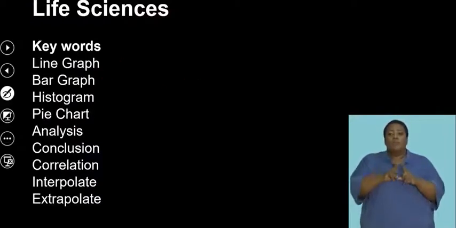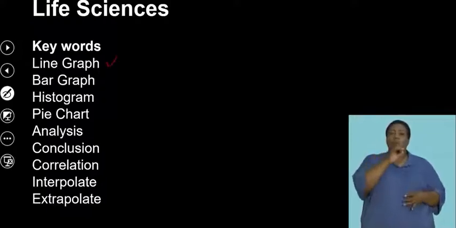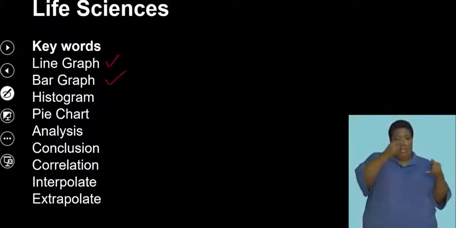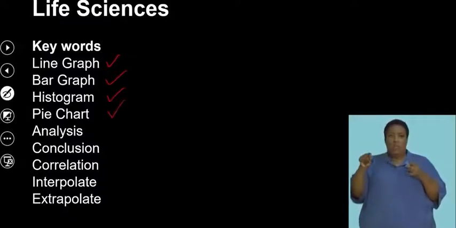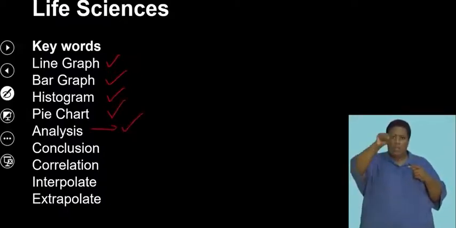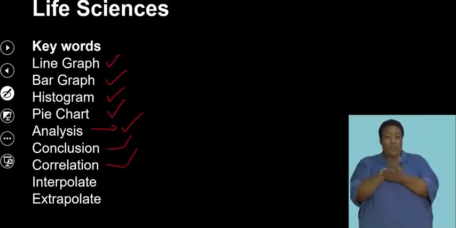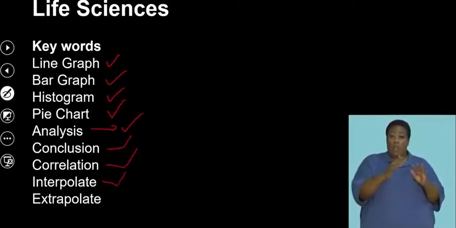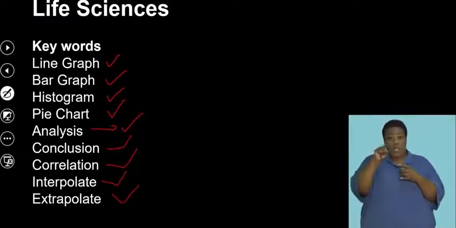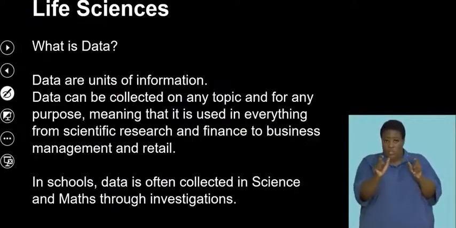We also need to look at how data is represented using line graphs, bar graphs, histograms, and pie charts, how that information is analyzed, how conclusions are drawn, the relationship between variables, and the concepts of interpolating and extrapolating information. Those are key words that will be used in our lesson today.